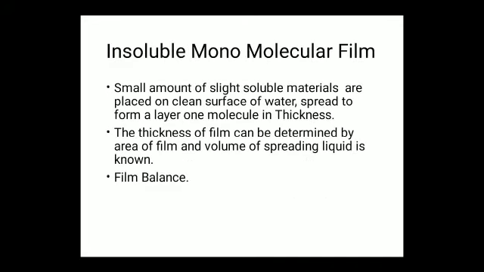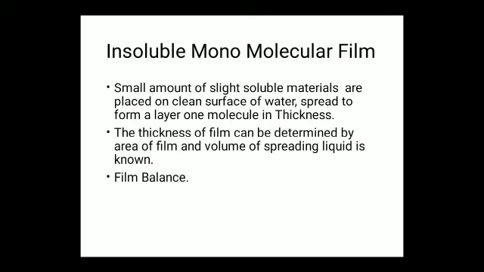Insoluble monomolecular film. When a small amount of slightly soluble material is placed on the clean surface of water, it spreads to form a film on the surface of the water. The formed film thickness can be measured by using two parameters.